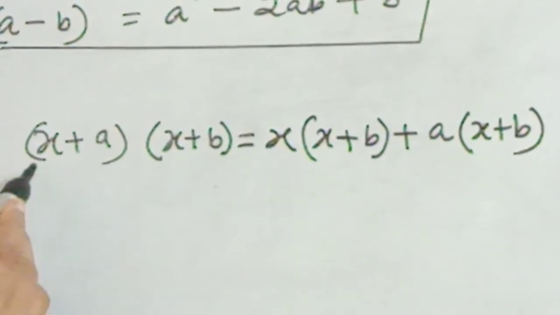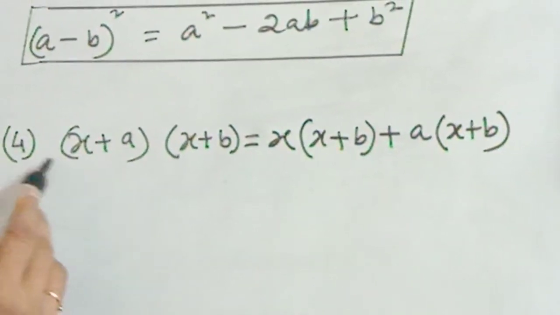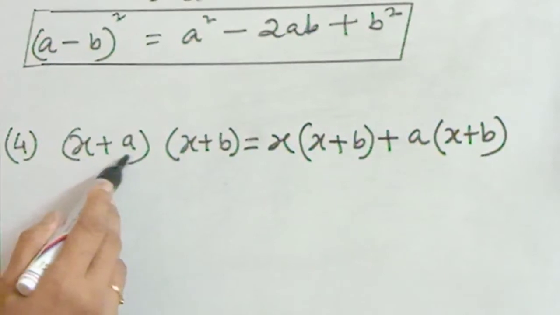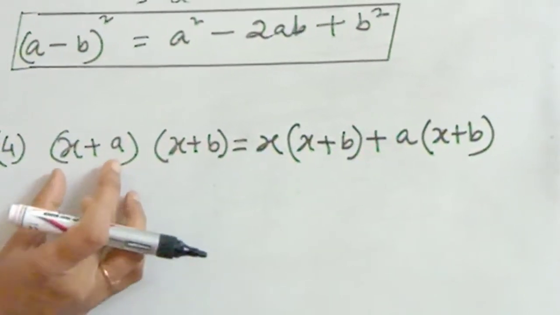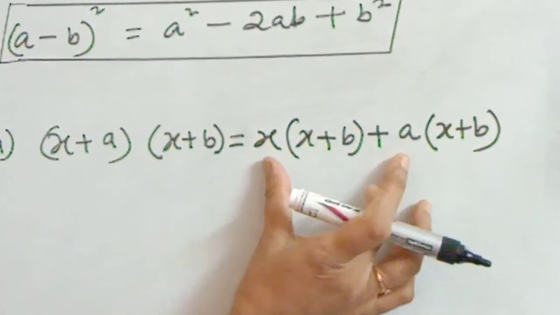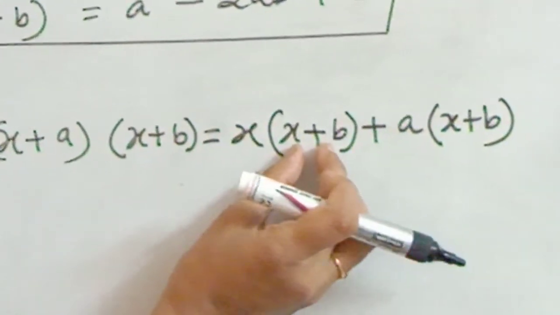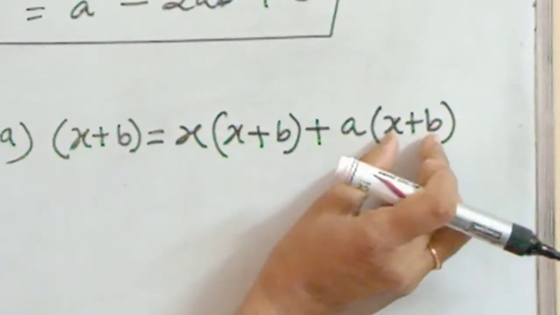Now the next one is the fourth identity: (x plus a) into (x plus b). The same way we will multiply. We will open this x plus a, and the x plus b I will multiply with x and a.